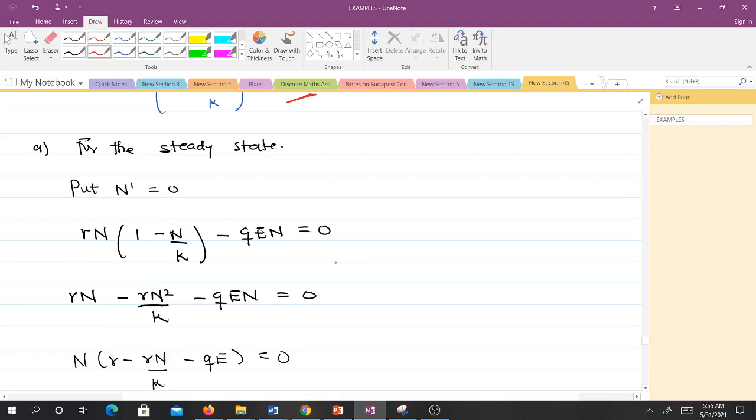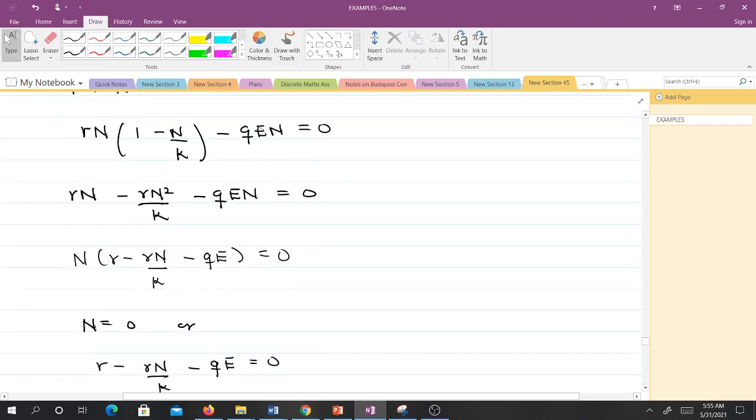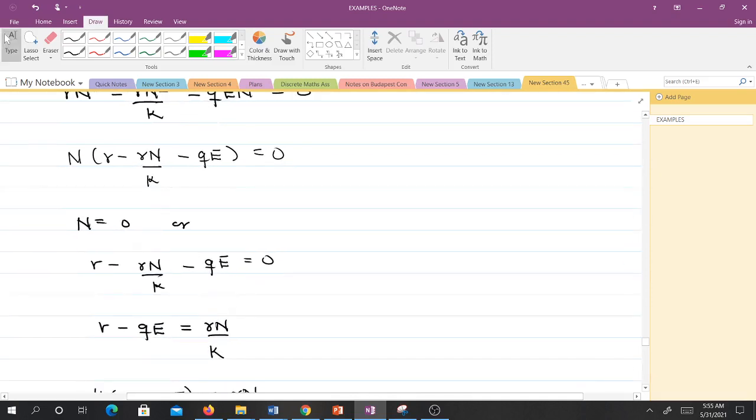When we multiply through by the rN, we'll get rN minus rN squared over K minus QEN equals 0. So we have N in all of them, right? So we can factorize N out. And when we factorize N out, we get N multiplying r minus rN over K minus QE equals 0. And this means N is 0, or r minus rN over K minus QE equals 0.